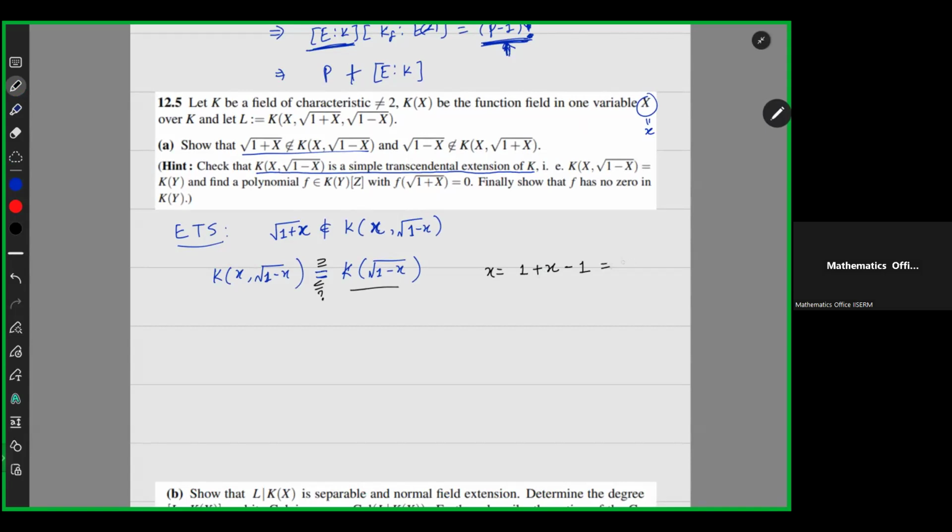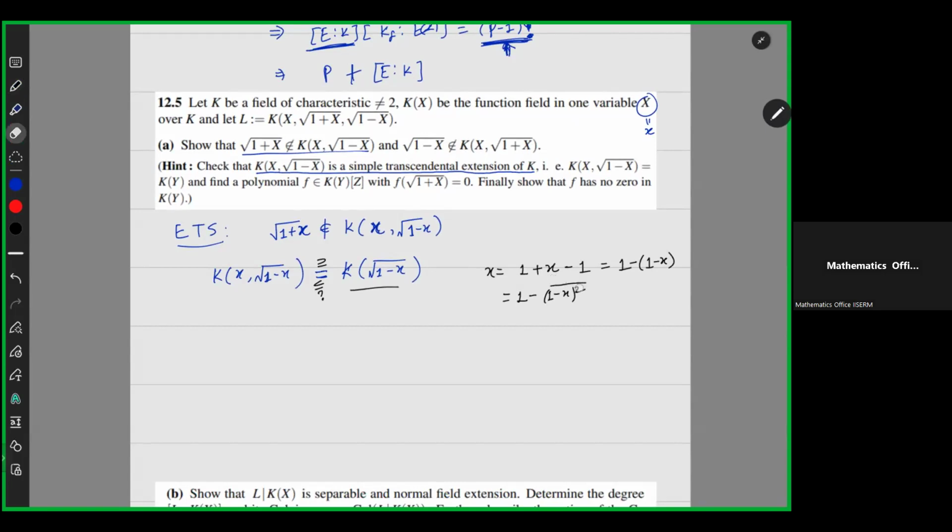And from here this can be 1 minus (1 minus x), and that can be written as 1 minus (root 1 minus x) whole square.